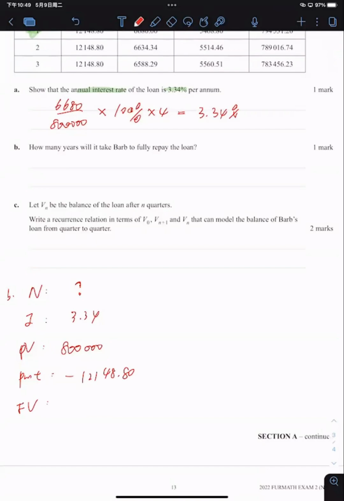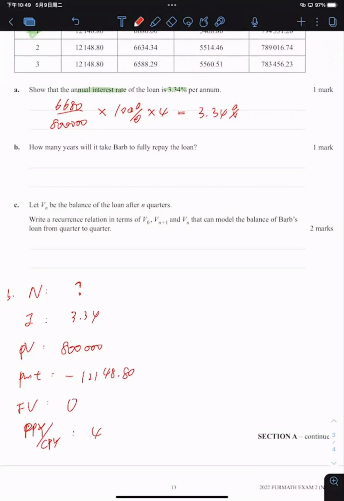Finally, we have to reach zero. We do not owe any cent to the bank, and the bank is not owed anymore. Zero. And PPY and CPY are how many times we compound a year. Both should be 4 because we compound 4 times a year.